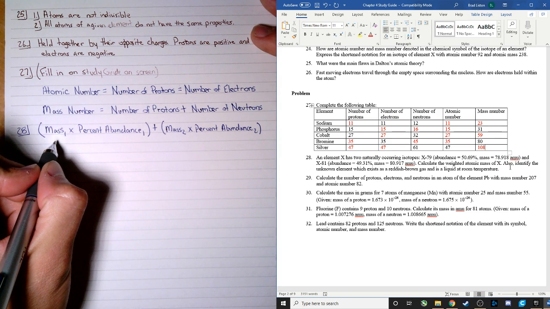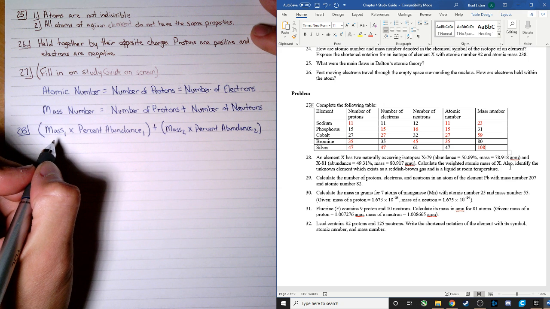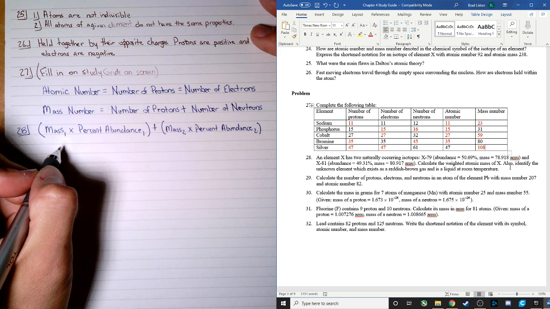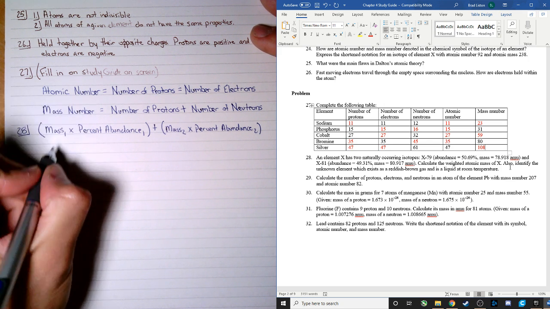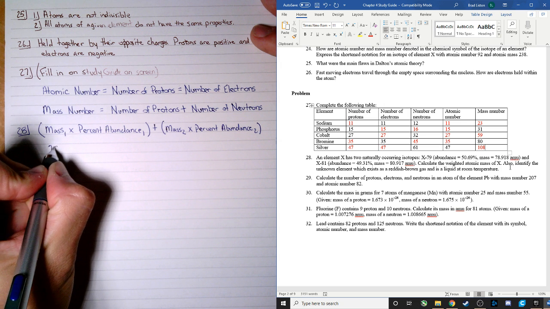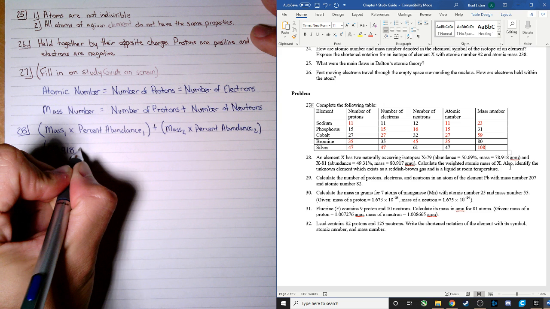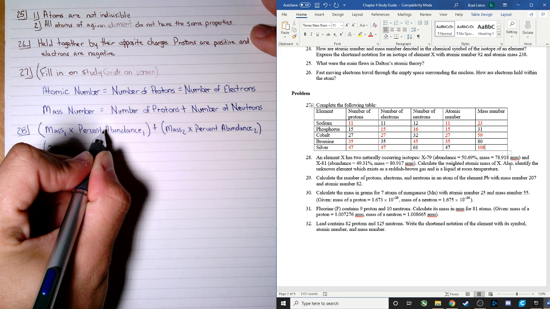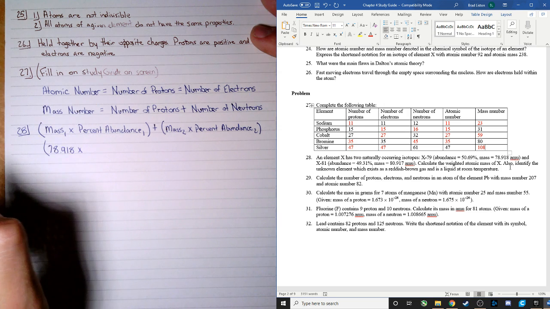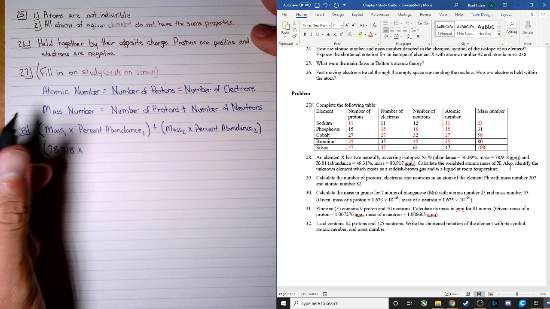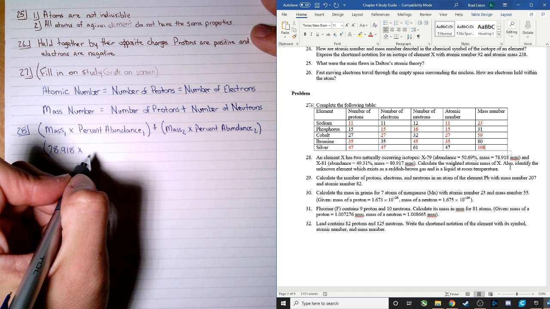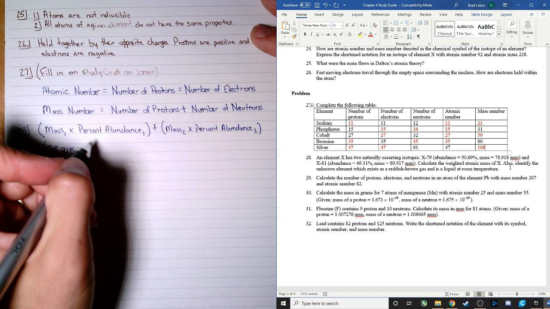So let's go with mass of 1, which would be, let's say, X79. We have 78.918 times percent abundance. Whenever we use a percent in a mathematical formula, we have to convert it to a decimal. How do you do that?